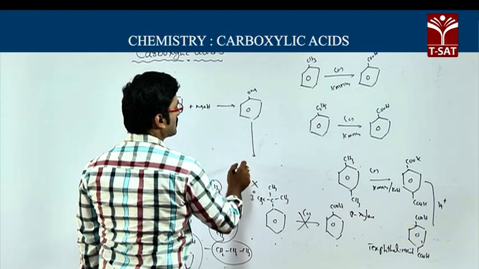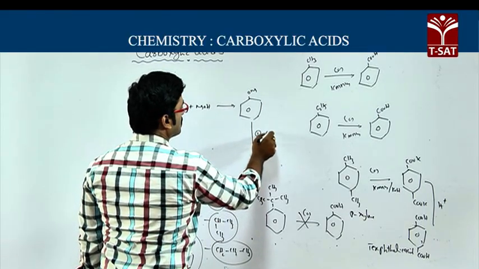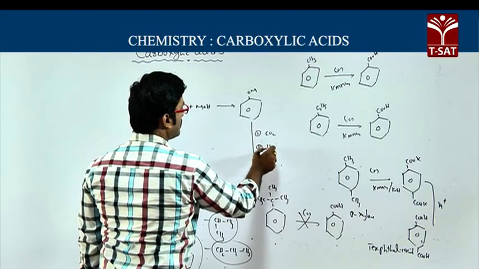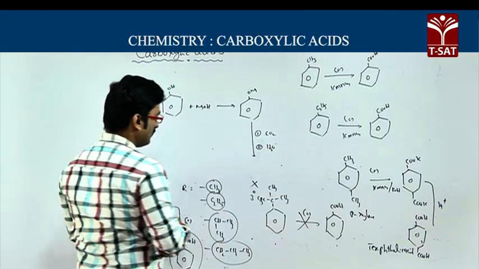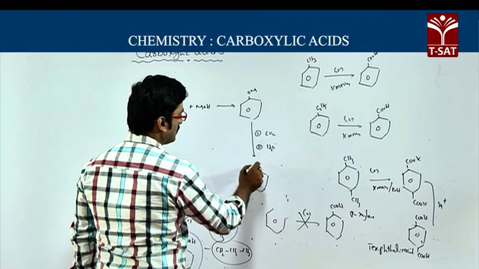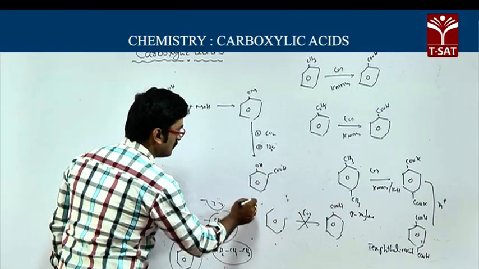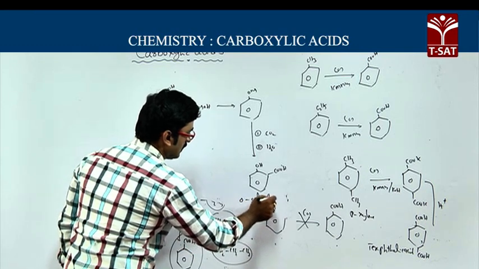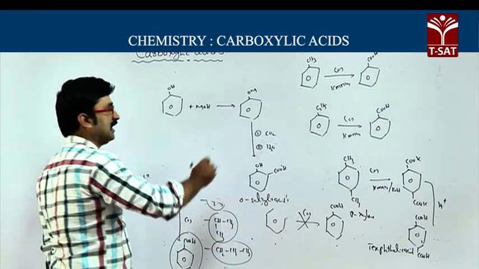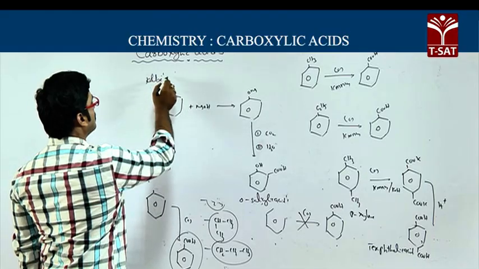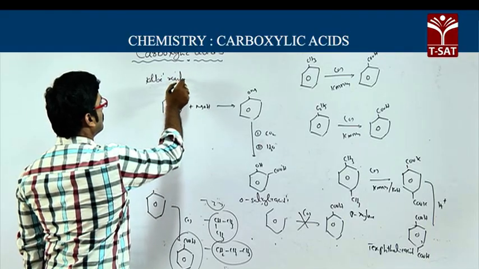This sodium phenoxide on further reaction with CO2, followed by hydrolysis, gives salicylic acid. This has OH and this has COOH, known as ortho-hydroxybenzoic acid, salicylic acid, and this reaction is known as Kolbe's reaction.